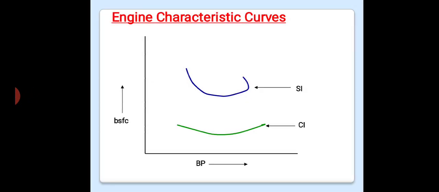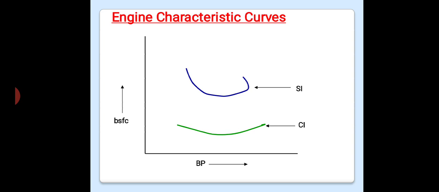It could be seen that in case of SI engine, the BSFC first decreases with increase in load while working at part load up to a certain minimum value, and then it starts increasing rapidly with further increase in load.